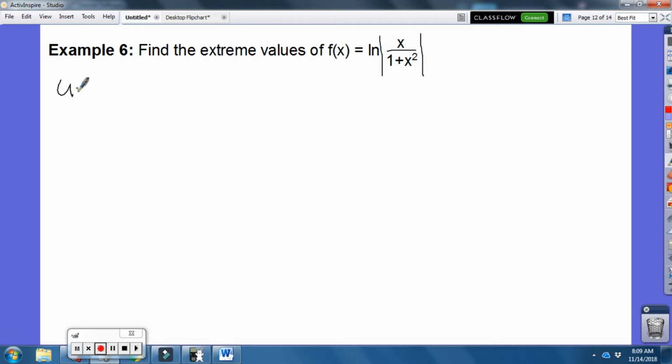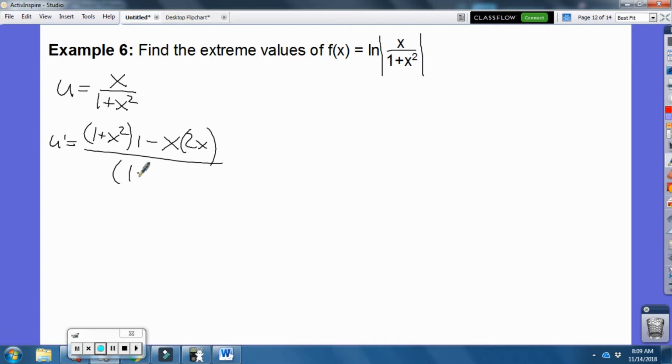So let's do u equals x over 1 plus x squared, and for u prime I'm going to have to use the quotient rule for this one: low d high minus high d low over low low. I could expand that, but I'm not going to, because most of the time I can get something to cancel.